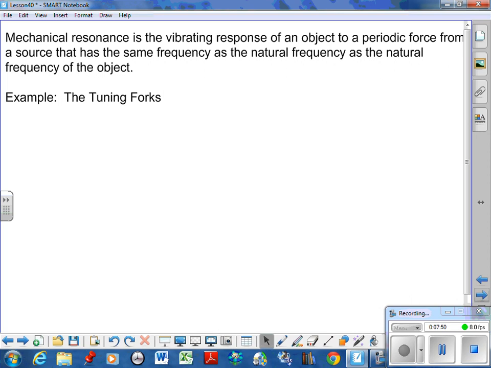So the example is the tuning forks. Now you've done the tuning forks demonstration in class already with the previous lab or investigation. But what happens is if I have tuning fork number 1 here, so draw a crude tuning fork here, where you strike it and it vibrates, so it creates its sound waves. So step 1, strike the tuning fork.